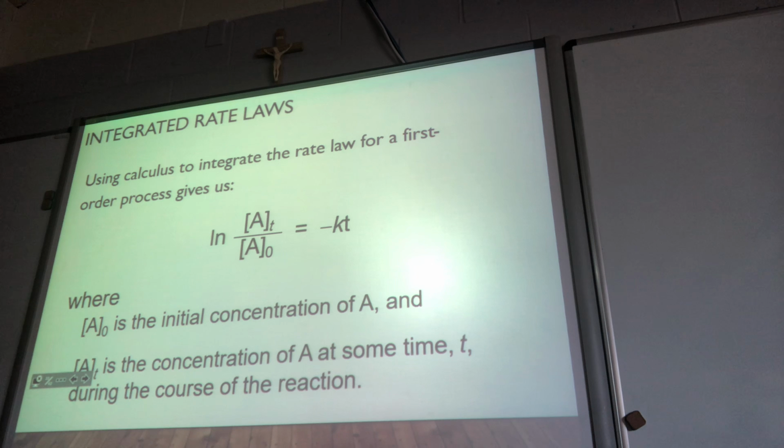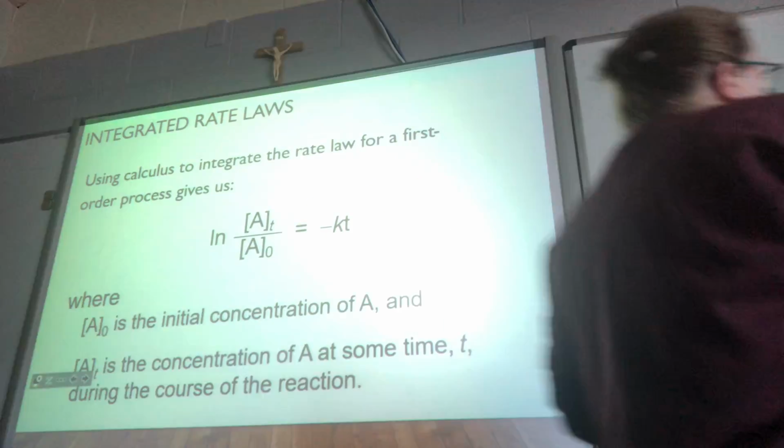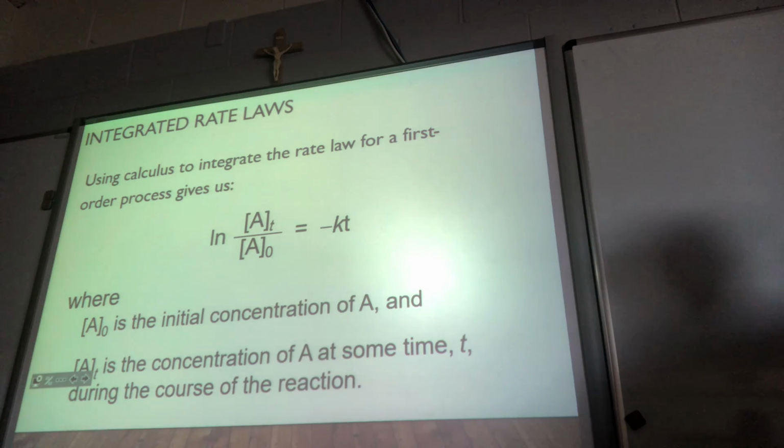The method we're going to use today is to use calculus to actually decide what the concentration should be at a specific time point, given initial rate and or information about the concentration at a specific time. The first rate law that we are going to describe is the first order rate law.